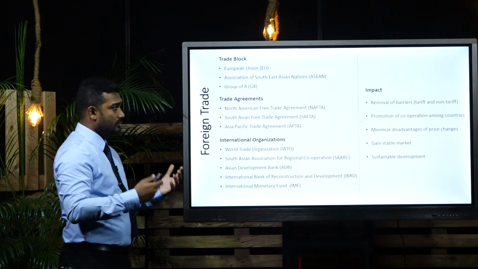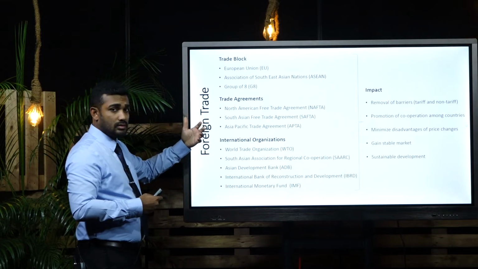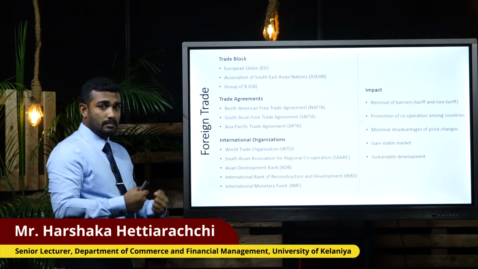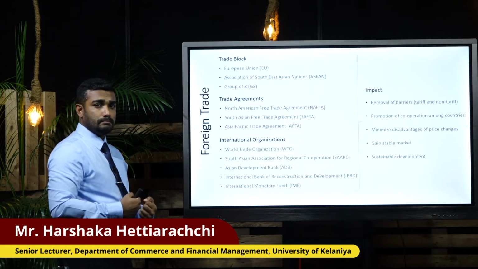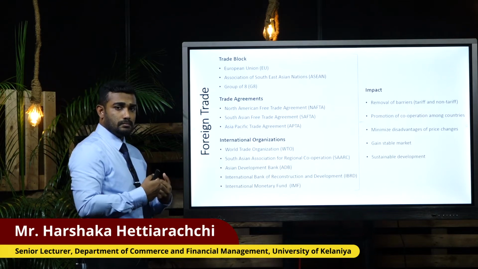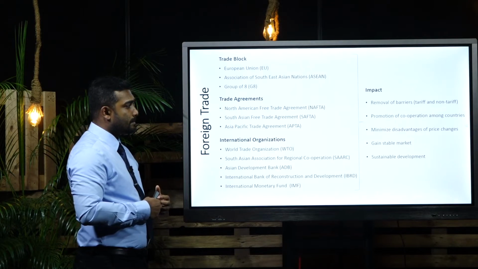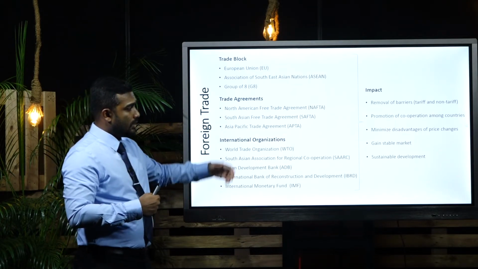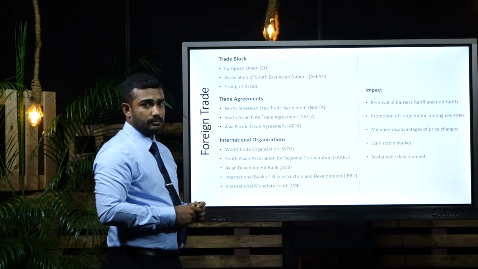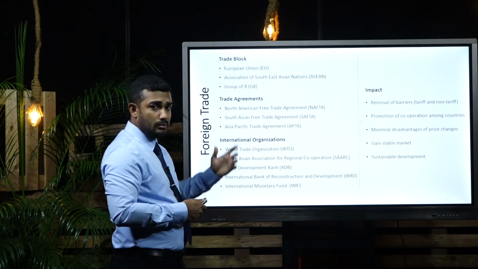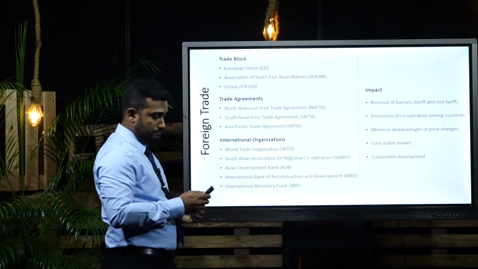Especially these organizations, agreements and collaborations give better, let's say, in terms of, they are very much helpful in removing the barriers. They remove the barriers in foreign trade, especially tariff and non-tariff.